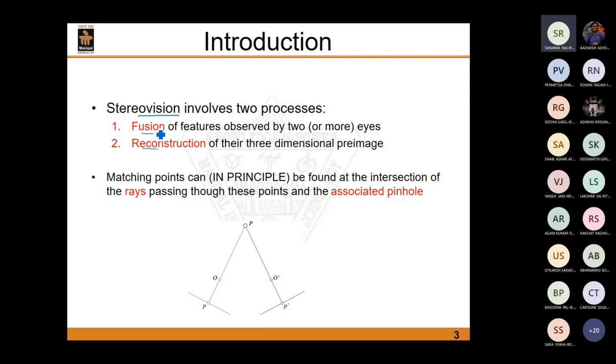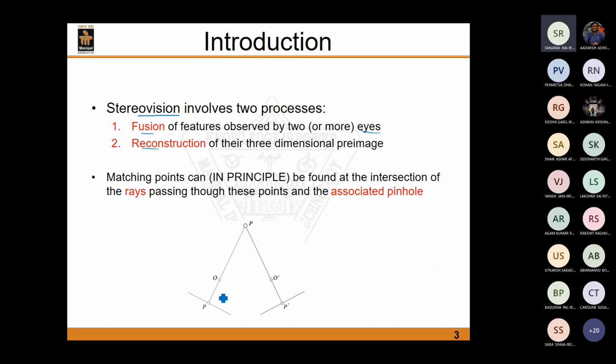In the first step, we do a fusion of features which are observed by two or more eyes. By two or more eyes, we mean the camera systems that we are using. So the first step is fusion of features. This fusion process will tell us whether the 2D image point, let's say P, and I'll refer to this figure over here.